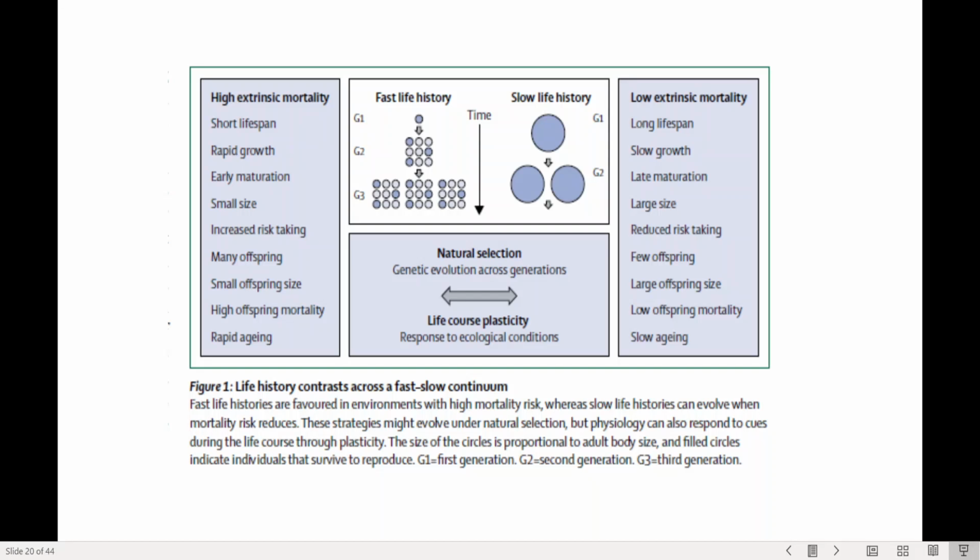And so with the idea that there is limited energy, if you are in an environment that has relatively high mortality, so you have a low chance of reaching maturity and a relatively low chance of passing on your genes, so short lifespan, your body is better off to put a lot of emphasis into rapid growth, early maturation, so you reach sexual maturation relatively fast.